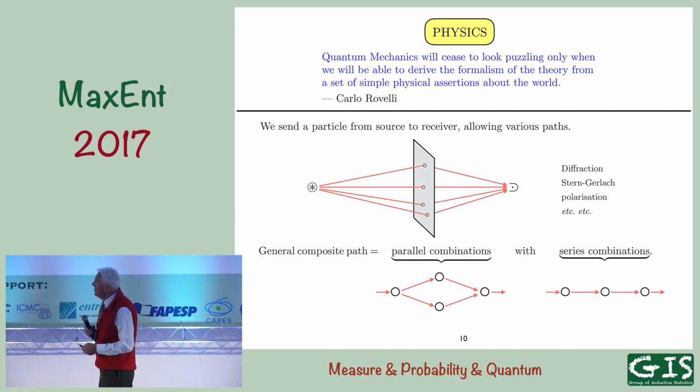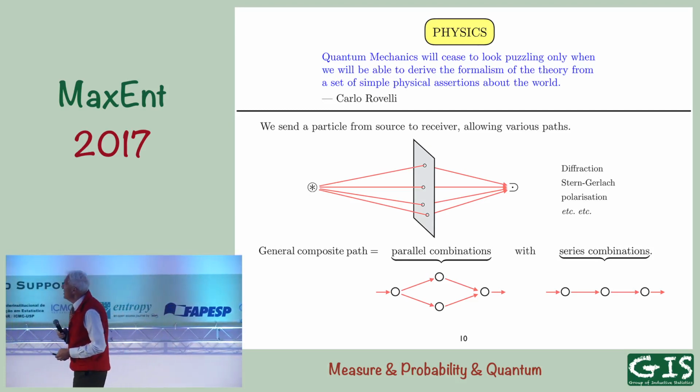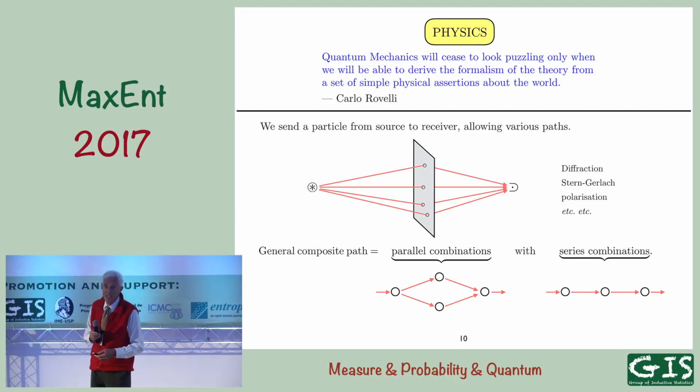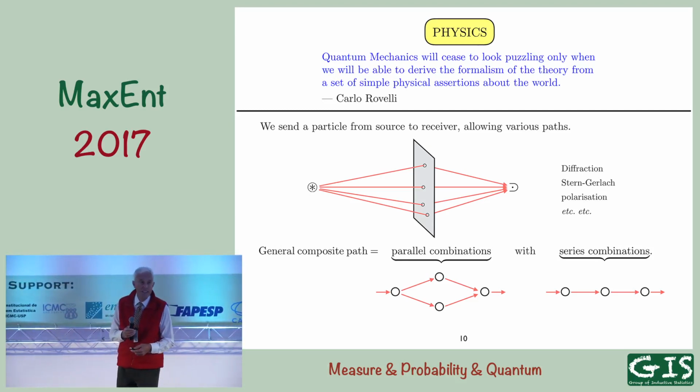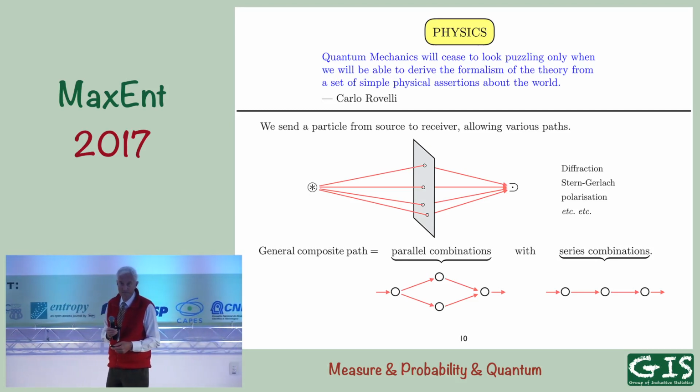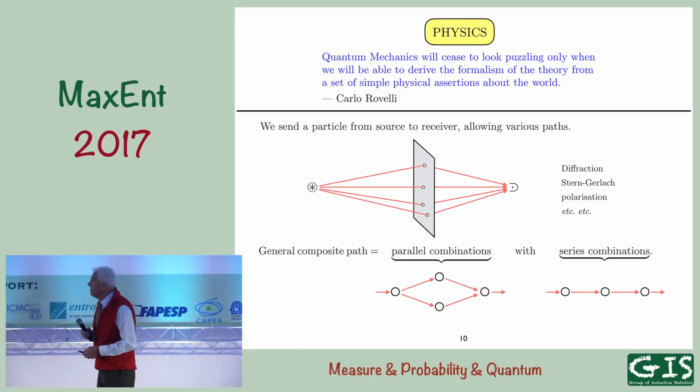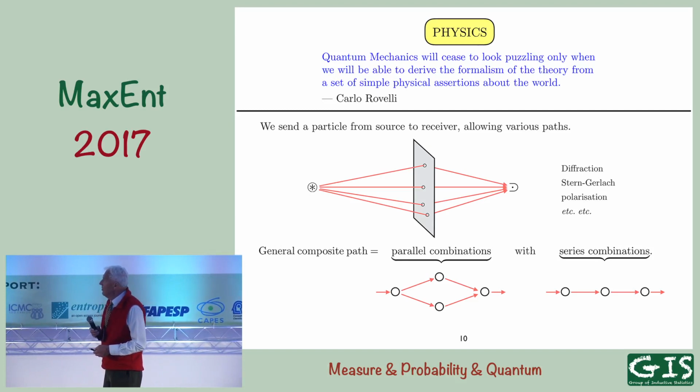This is a quote from one of our physicists: quantum mechanics will cease to look puzzling only when we are able to derive the formalism of the theory from a set of simple physical assertions about the world. Okay, let's use this thinking in physics. Let's assume we've got particles, because we want to think simplicity. The particle has as few properties as you can get away with, just position here.